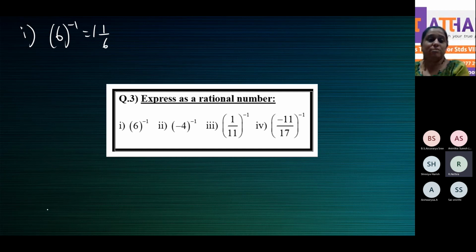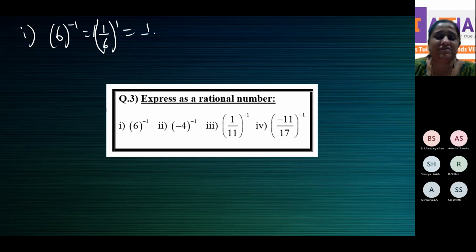We should change the negative to positive 1. So there's nothing but 1 by 6.